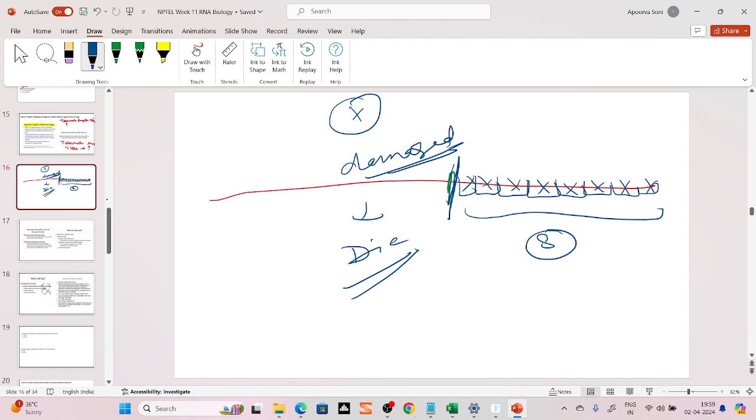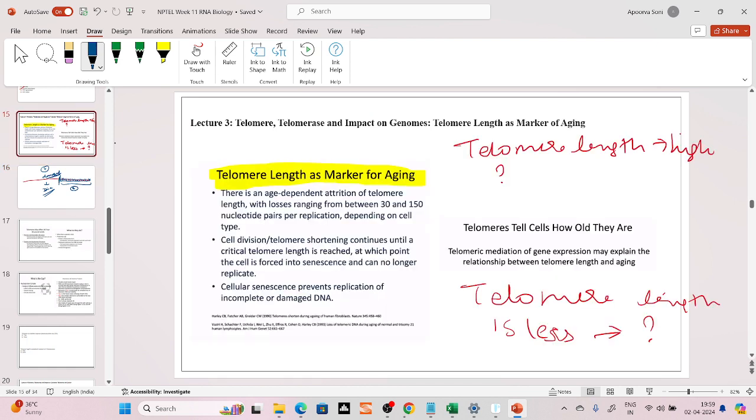This is the critical telomere length, okay? Until a critical telomere length is reached, at which point the cell is forced into senescence and can no longer replicate. Why? Because if it keeps on replicating, it will replicate incomplete or damaged DNA. So it's better that the cell should die. Okay. So this is what telomere length as a mark of aging tells us.